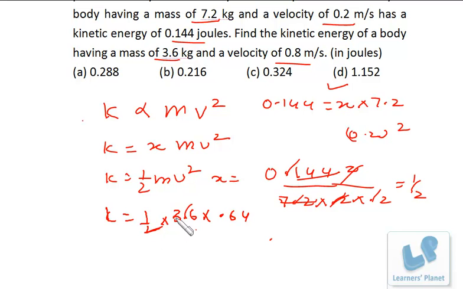So it's 1.8. Now 1.8 is being multiplied by more than half, which means the answer should be greater than 1. So obviously there is a single option, 1.152, that will be the answer. I hope you are clear.